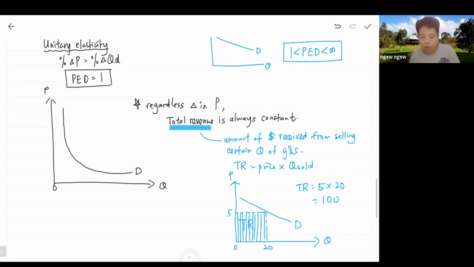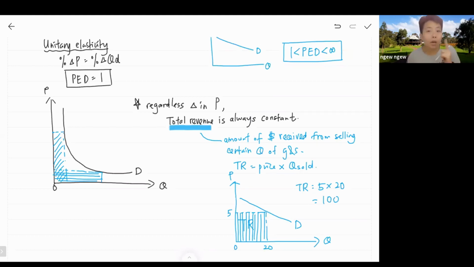Therefore, if you come back to this unitary elasticity, they have one concept like this, whereby when you have changes in price, this area, which means this total revenue, will be similar to this area. Okay, for those who are doing math, I believe that you know the reason behind it, but for those who are not doing math, it doesn't really matter, just make sure that you understand and capture this important point.